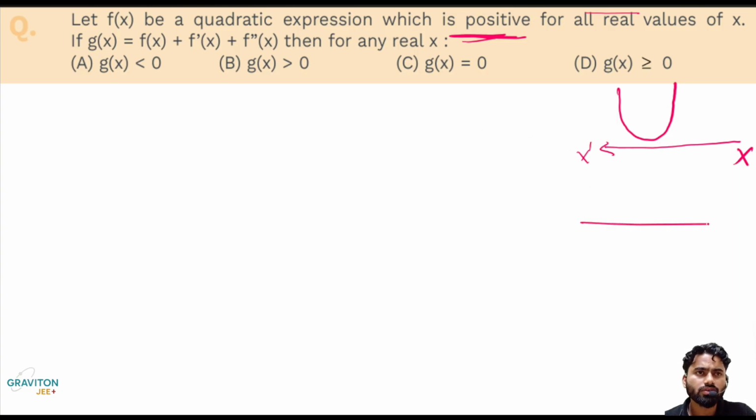Or if you take f(x) like this, then when you move to negative x, it goes downward, and when you move to the right of this point, it goes like this and takes negative values.